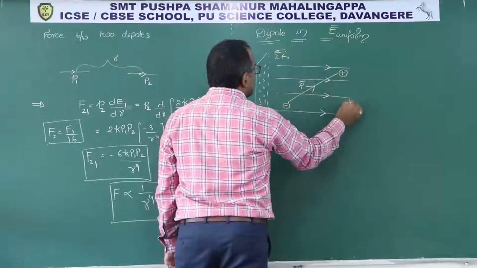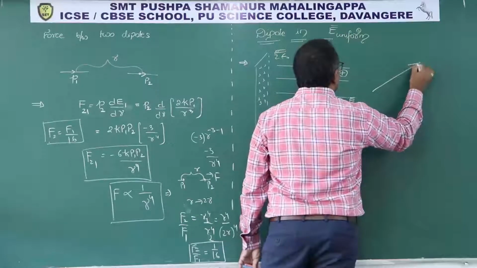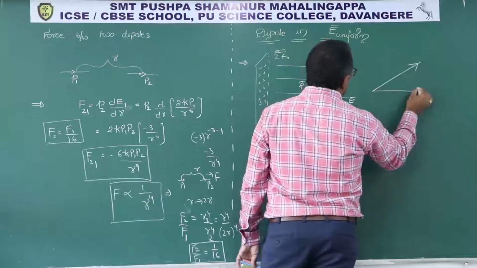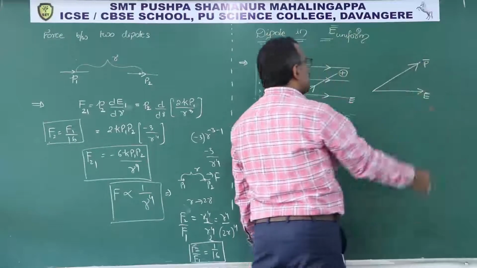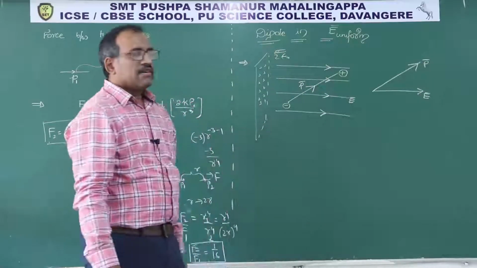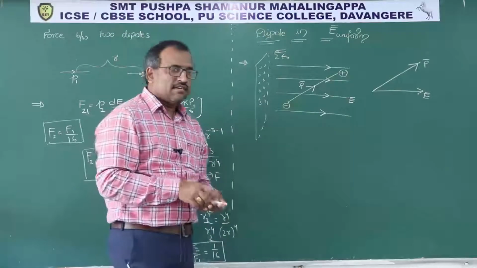This is dipole moment, this is electric field. What does it mean? Dipole moment is in this direction, electric field is in this direction. P bar, E bar. Clear? Now see, a miracle is going to happen.